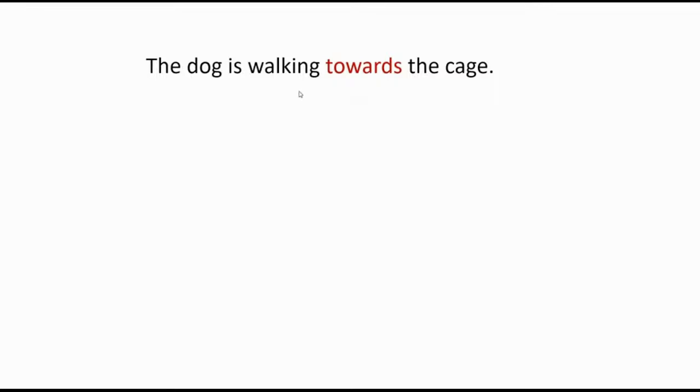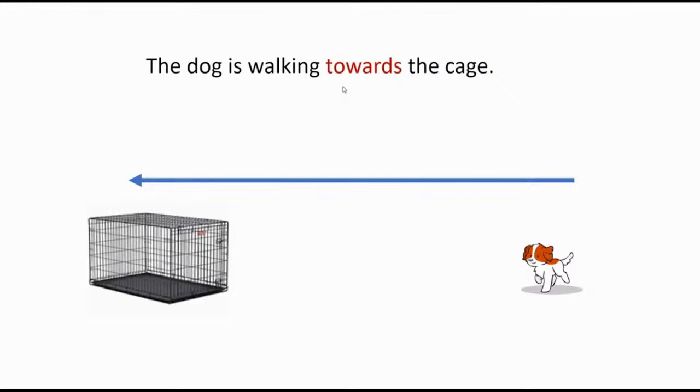The dog is walking towards the cage. So, towards means in the direction of the cage. The dog might not be going to the cage, but the dog is walking in the direction of the cage.